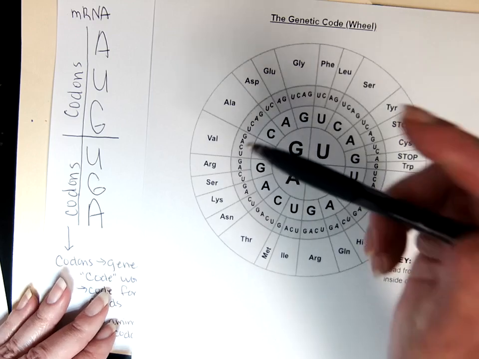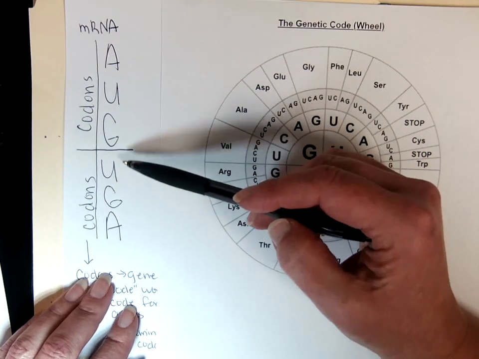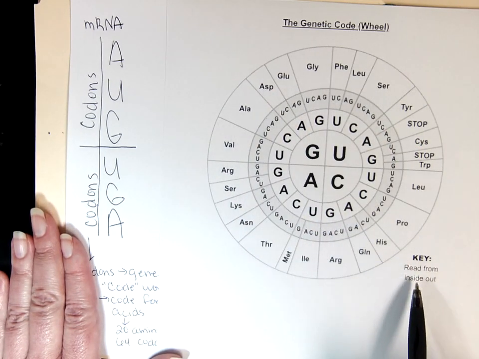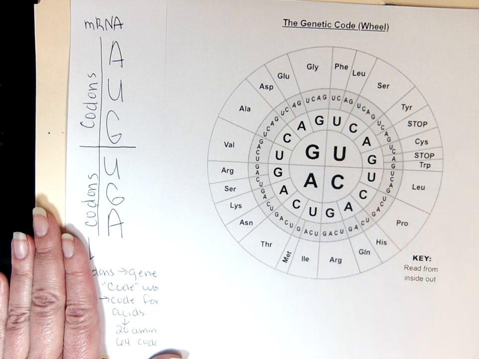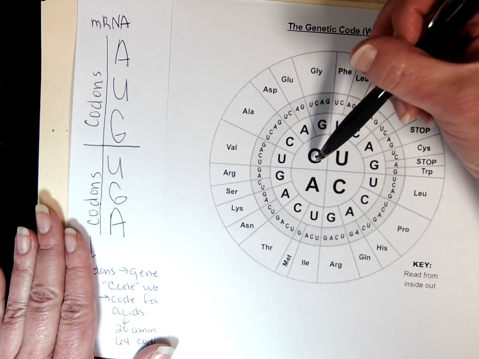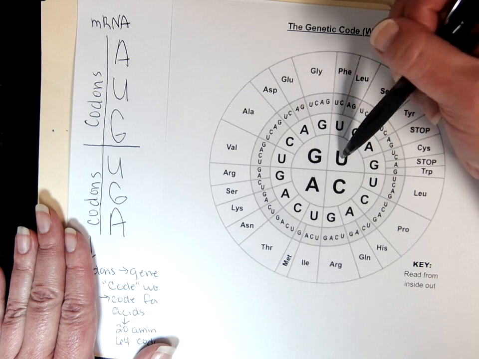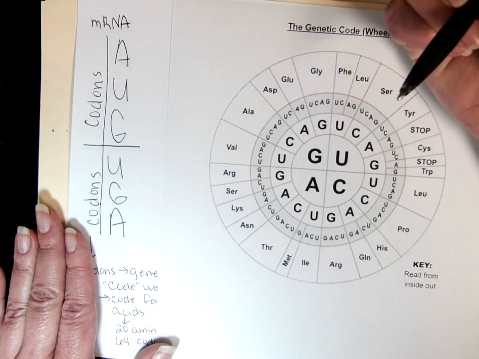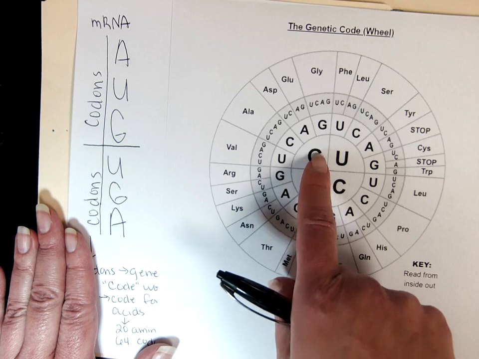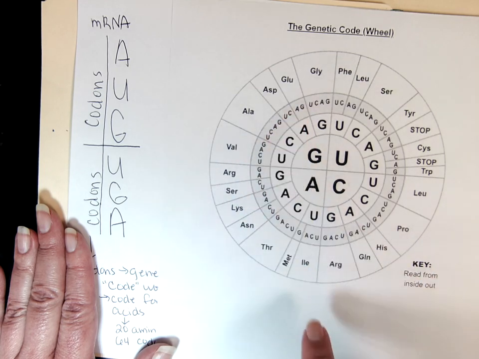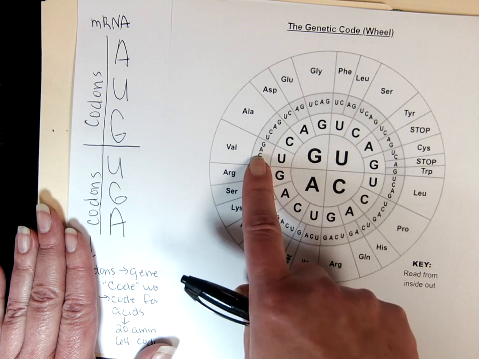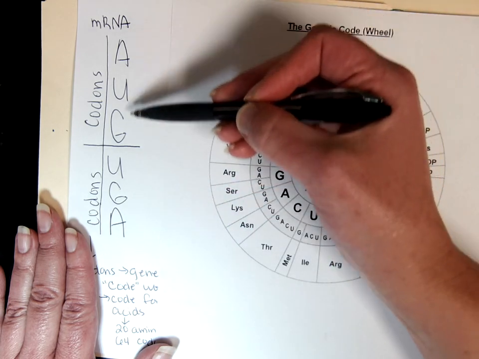Now we have a very small little gene here. We've got AUG and UGA. With the wheel, and you can see this key, it reads from the inside out. The inside is divided up in 4 quadrants, and each of them has one of the letters from the RNA alphabet. If you notice, there are 3 different levels of letters, representing the first, second, and third letter in your codon.